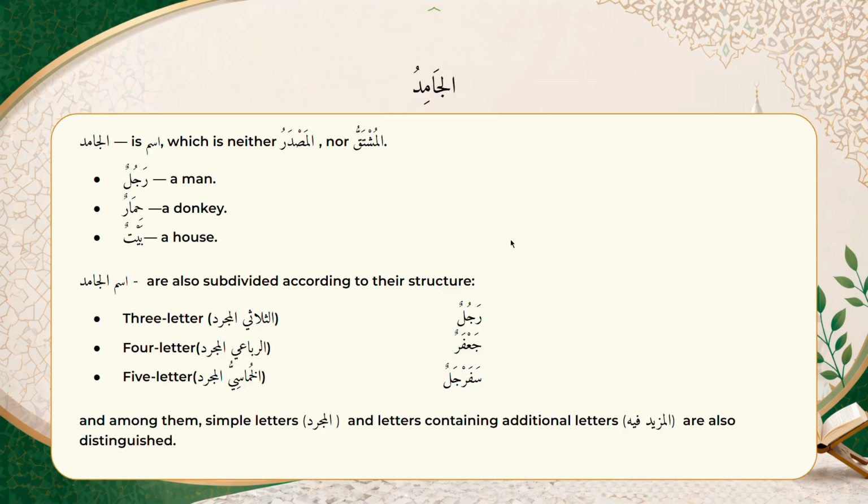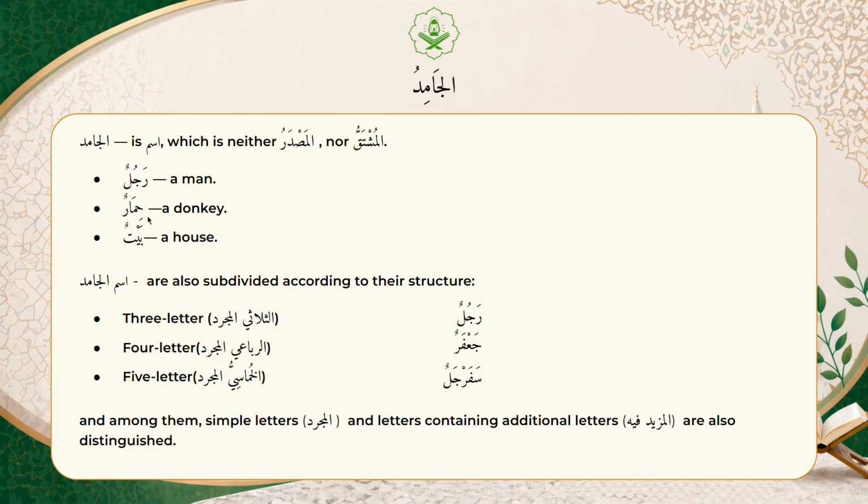So the last type is جامد. الجامد is an اسم which is neither مصدر nor مشتق. So basically it is the basic noun, we can say. Like رجل, a man, حمار, a donkey, بيت, a house. These words are not derived from a verb.